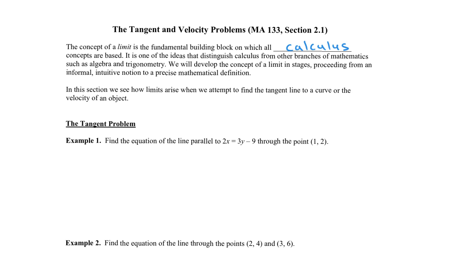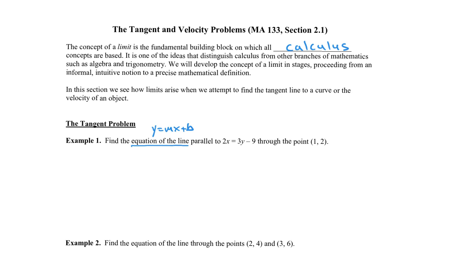When you see the equation of a line, we could put it in slope-intercept form, y = mx + b. When we're all done, our answer will look just like this. So basically we need to find the slope m and the y-intercept b.